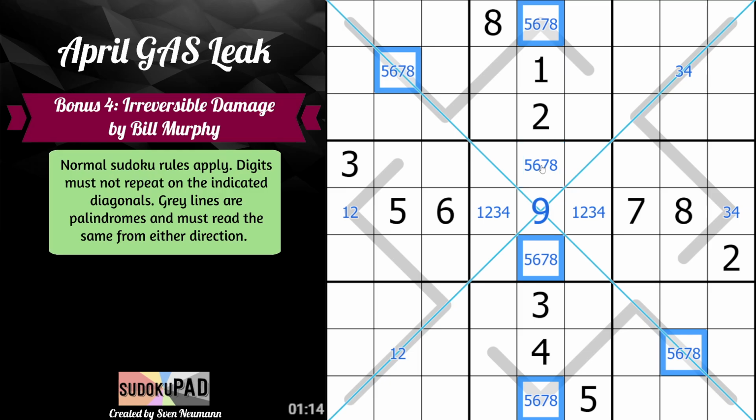And actually, we have more information here because none of these can be 5 or 8. 5, 8, 5, 8, which means that this is actually a 6, 7 pair here. Or no, sorry, not a 6, 7.